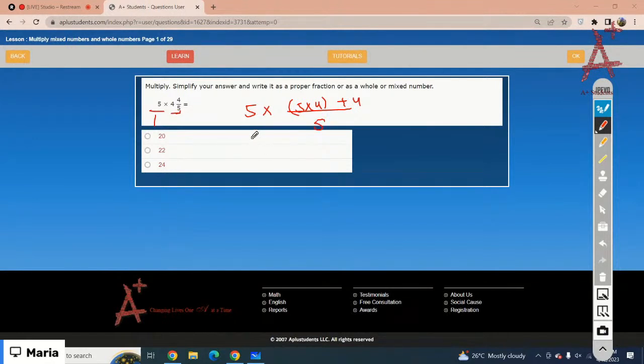Got it? So it would be 5 over 1 times 5 times 4 is 20, and 20 plus 4 is 24 divided by 5. Got it? You can simplify the answer here. You can see 5 times 1 is 5 and you are left with 24. So the correct option is 24.